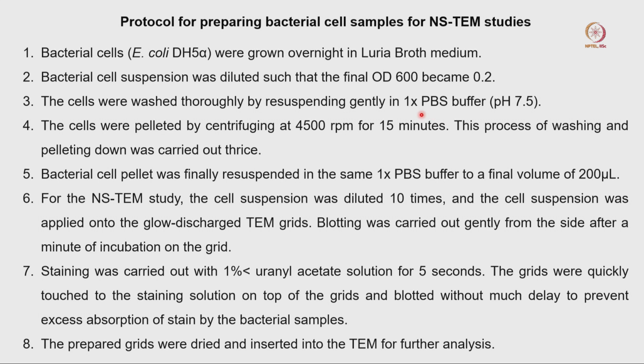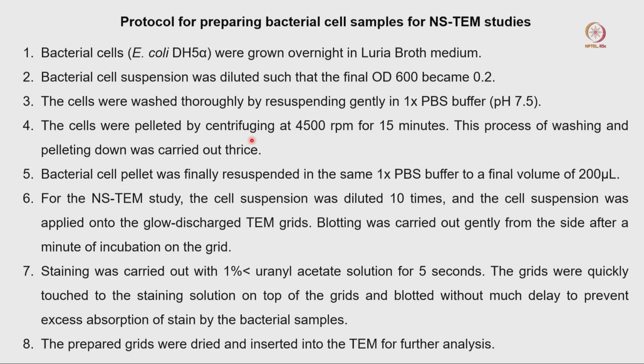because if we wash the cell properly, there will be no other contamination. When the cell is growing, a lot of other nutrients, cell debris and other molecules will stay. It is better to remove that media and those molecules, otherwise your overall TEM grids will be very dirty.